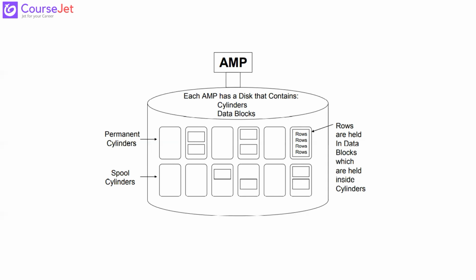We saw in our earlier case that 40% of DBC space should be allocated for spool, or should be kept empty for spool usage. So when you consider the whole drive, suppose you have 100 TB of max space and you consume 50 TB, the remaining 50 TB is free in the drive.